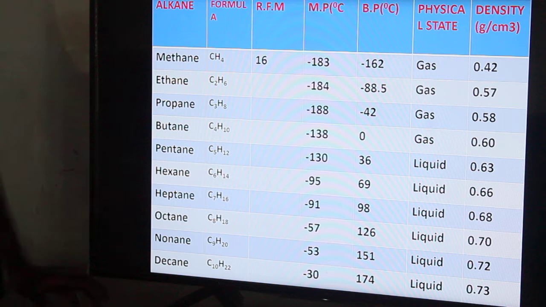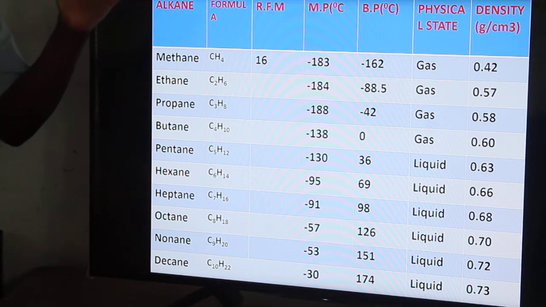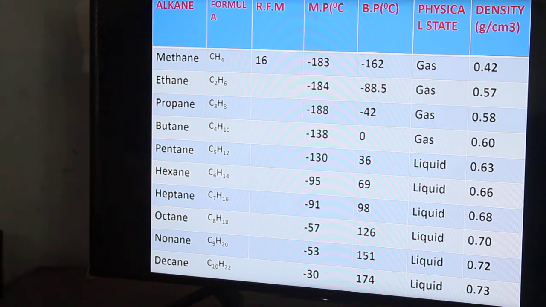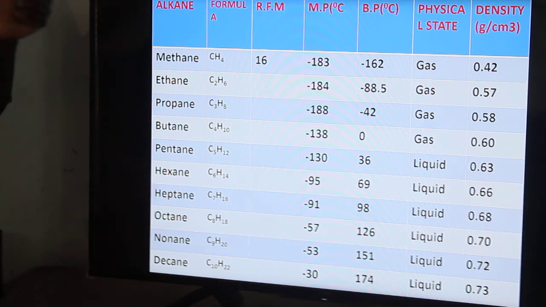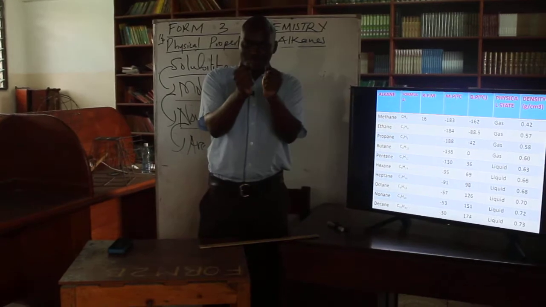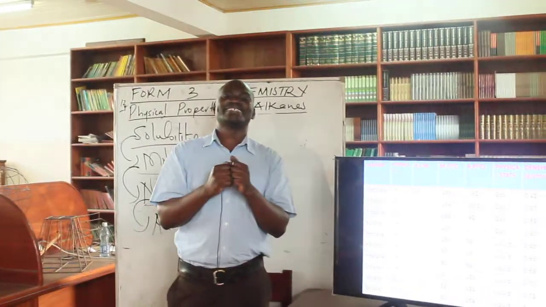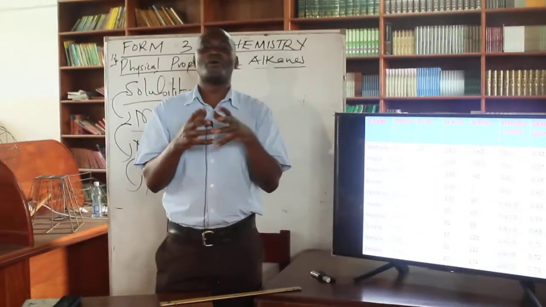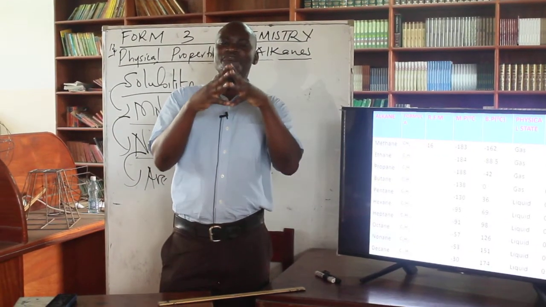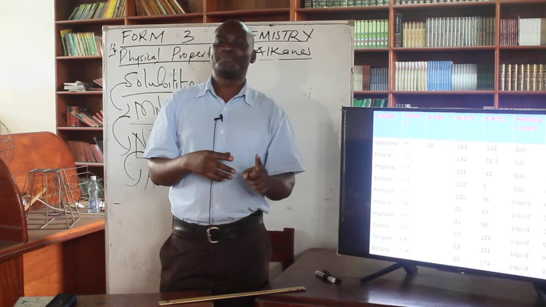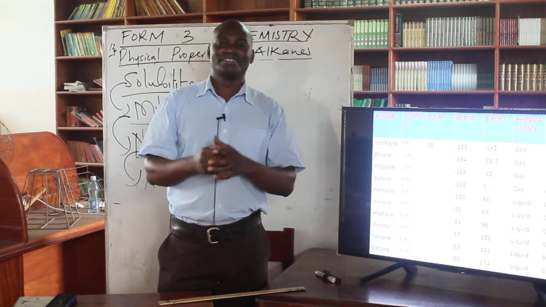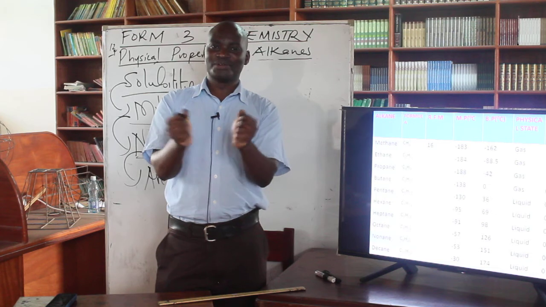When the intermolecular forces of attraction are stronger, they pull the particles closer together. When the particles are pulled closer together, that substance becomes more compact. As you move from methane to heptane to decane, the particles are moving closer and closer.